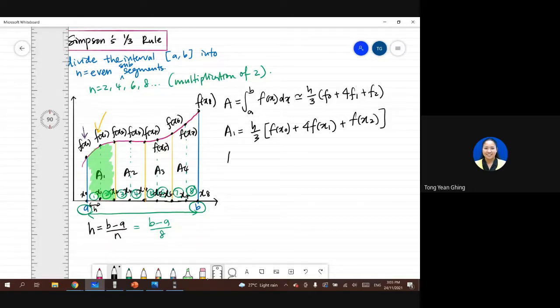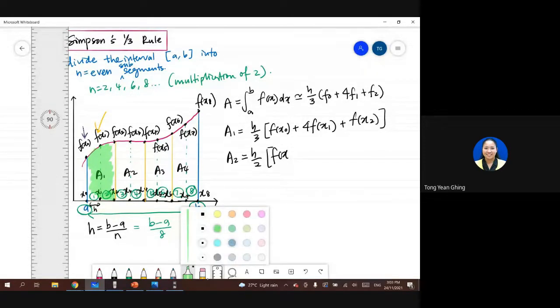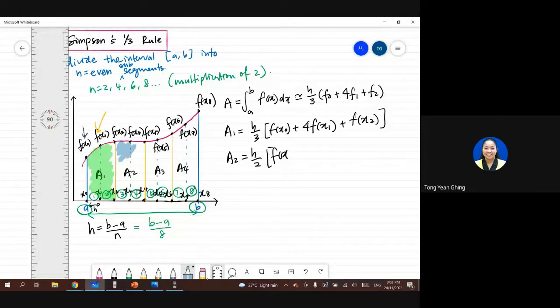Okay. So A2 will be h over 3, fx daripada fx. Sini tengok. Daripada sini. Here. FX2 plus with yang tengah dia adalah 4 times with FX3 plus with FX4.